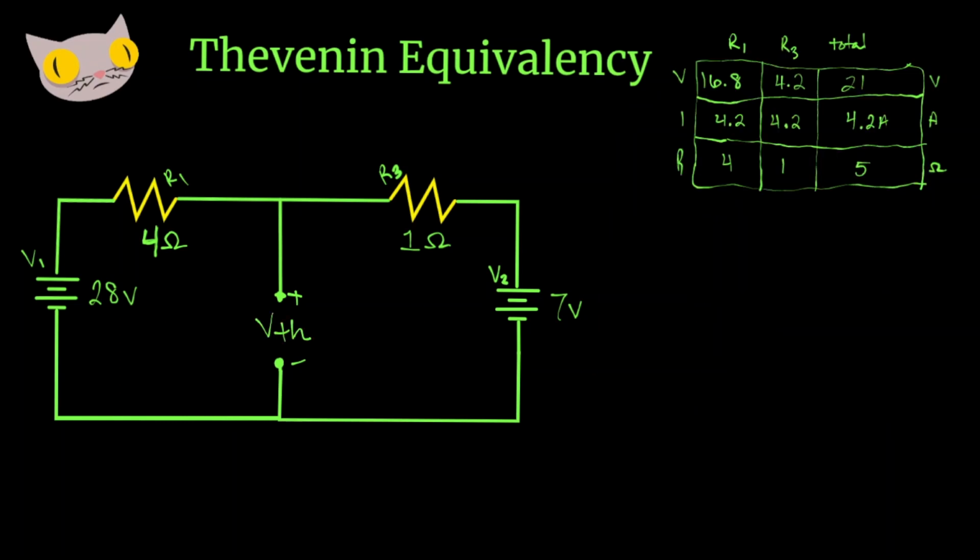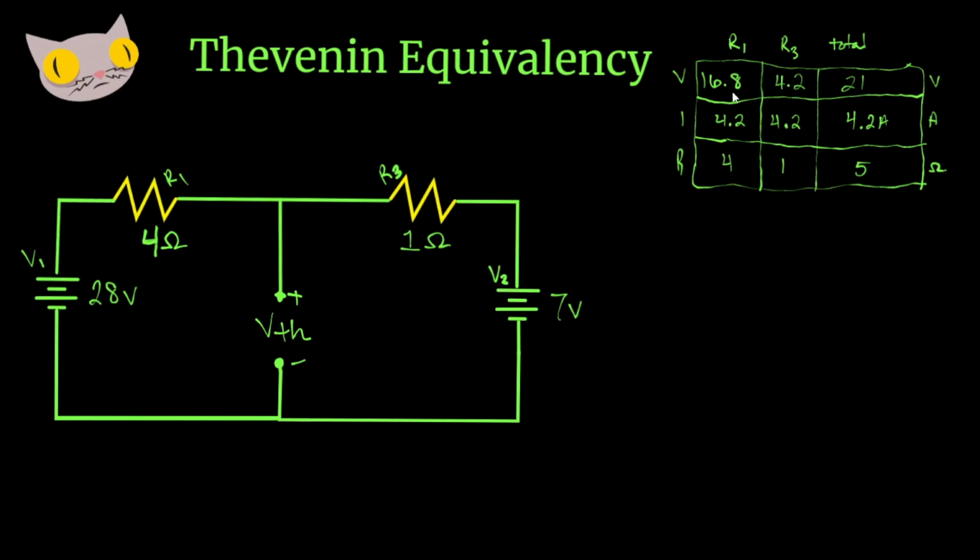Now that we know the current through all the resistors, we can calculate the voltage across this open node here. The voltage between these 2 points can be figured out from either side's voltage and the nearest resistor's voltage drop.